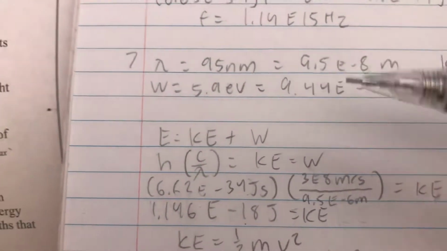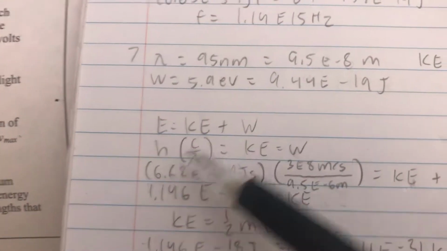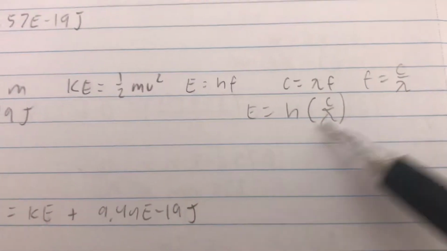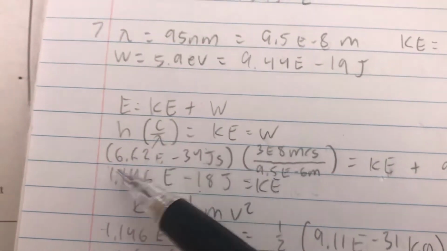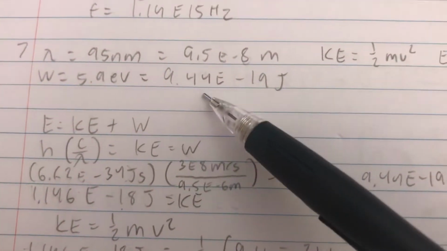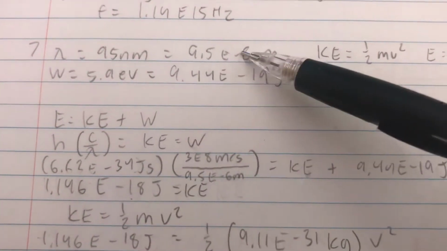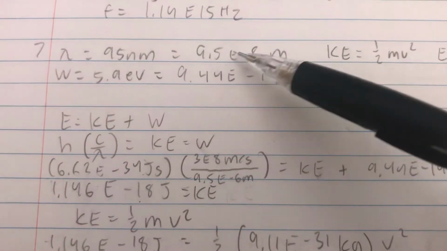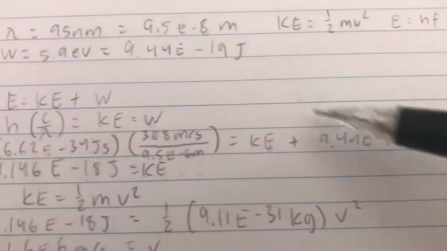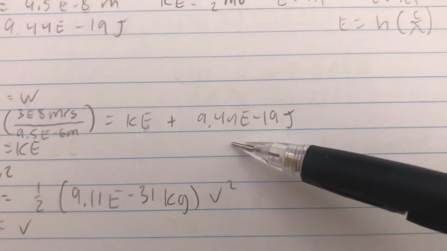So we start off with this function, E equals KE plus W, and then replace E with this and plug everything in. So Planck's constant, speed of light, wavelength, which is 9.5 e negative 8 meters, equals KE plus 9.44 e negative 19 joules.